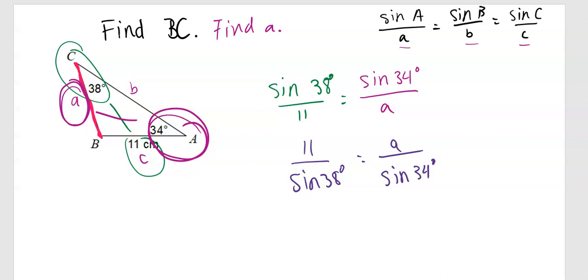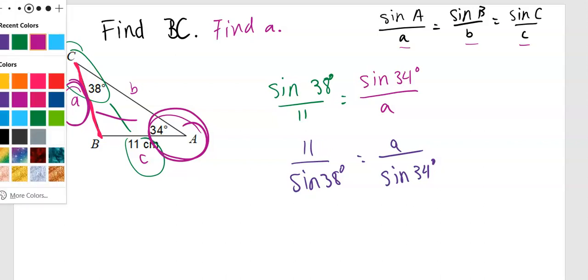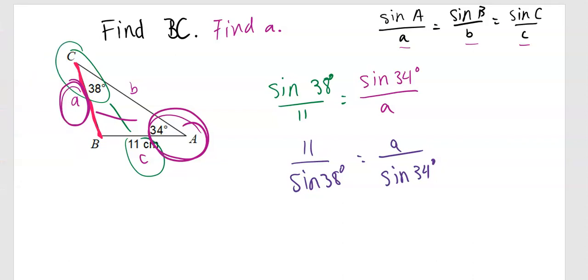Now, I need to get a all by itself. When I have it rewritten like this, it is extremely easy to get that a by itself. I just need to get rid of this sine of 34 degrees. The opposite of division is multiplication, so on both sides I'm going to multiply by sine of 34 degrees.